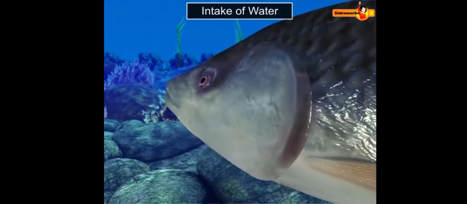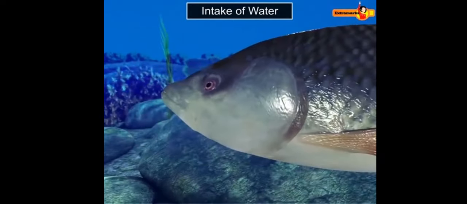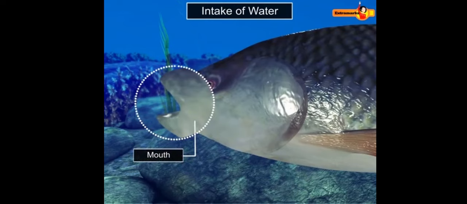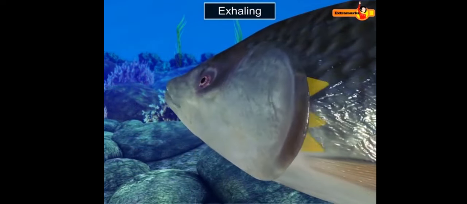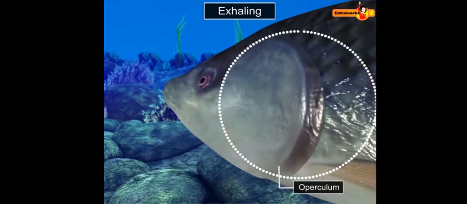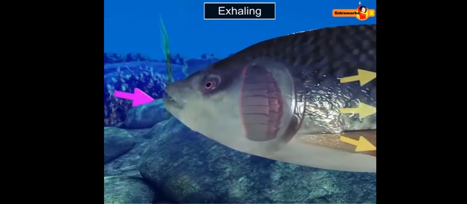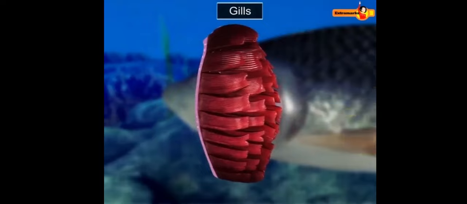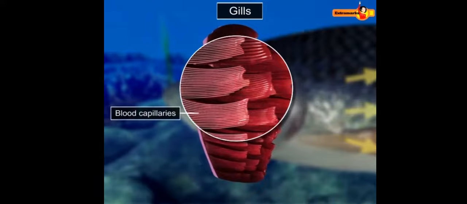During the process of exchange of gases, a fish first gulps water through its mouth. At the time of the intake of water, the mouth opens while the operculum remains closed. The fish then closes its mouth and opens the operculum to force the water out through the gills. The color of the gills is dark red or brown red because of the presence of a large number of blood capillaries in it.